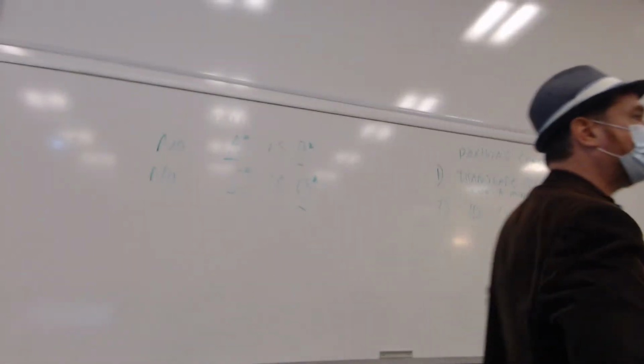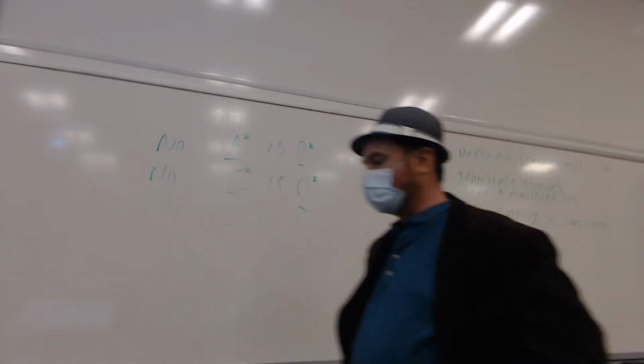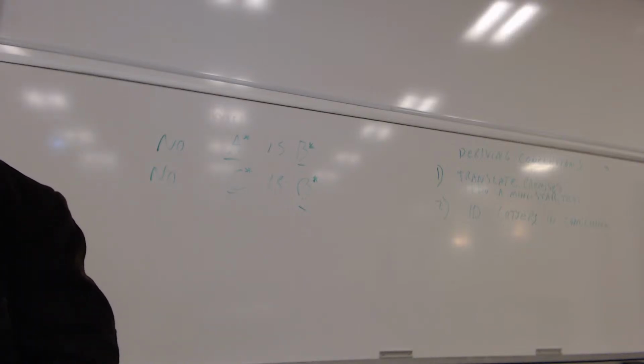A premise is negative if it has the words no or not anywhere in it. So if there is a no or a not in any of the premises, even one, then you will need a no or a not in the conclusion. So that's principle 1. And that applies to all patterns.